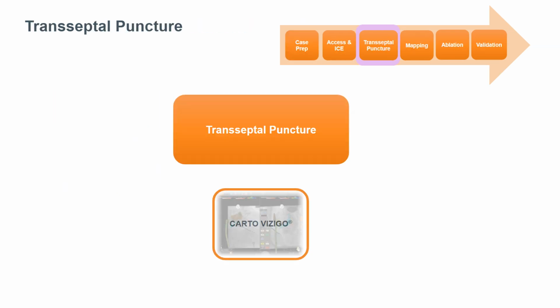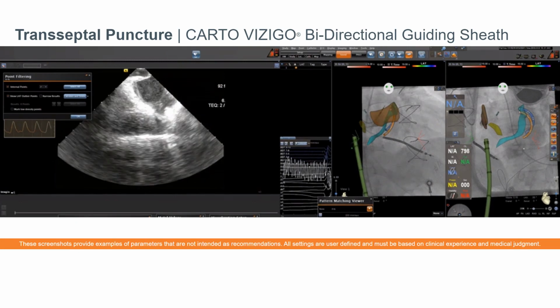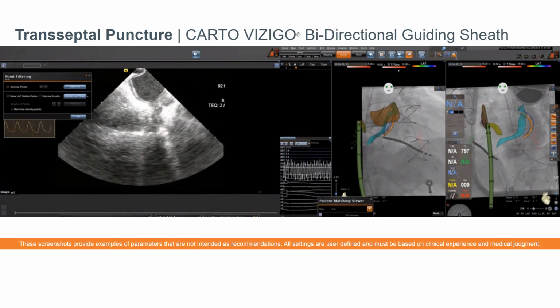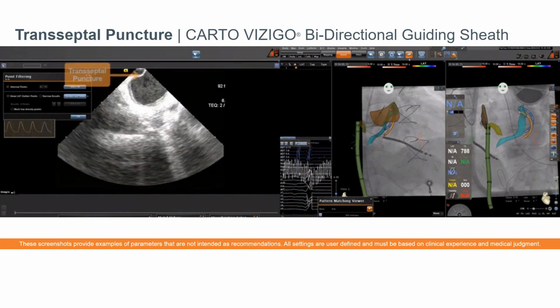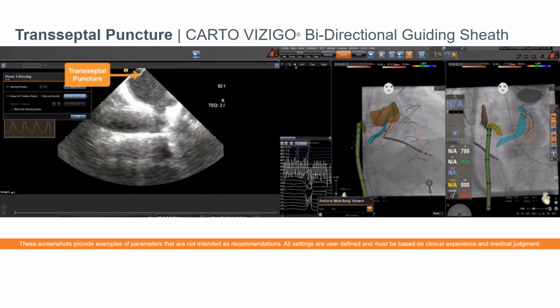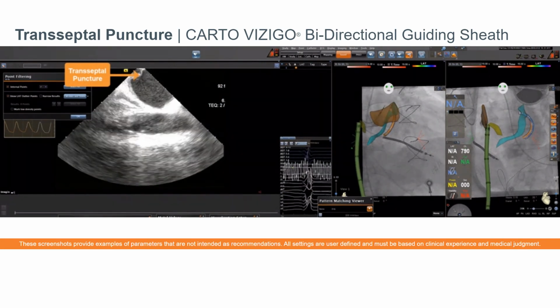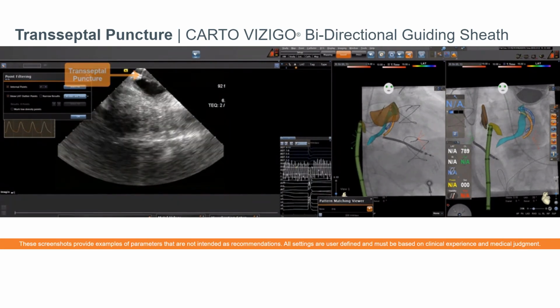Now let's talk about the next phase of the procedure, the transseptal puncture. In order to electrically isolate the pulmonary veins, the physician must cross the interatrial septum and gain access to the left atrium. During this step, a physician can perform a transseptal puncture and gain access to the left side of the heart using the CARTO VIZIGO Bi-Directional guiding sheath.